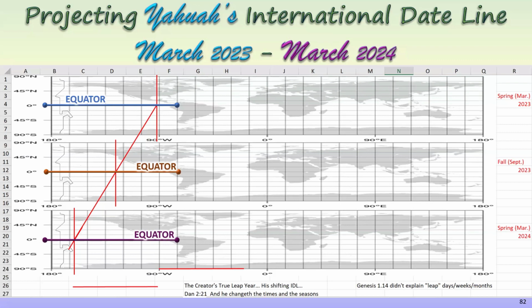And we weren't really sure exactly how that was going to happen. We were kind of sitting on the edge of our seat to see what would happen in the fall. But the question was, well, is it going to shift all at once at the end of the year, or does it just kind of gradually shift to the west a little bit every day all year round until the next year?